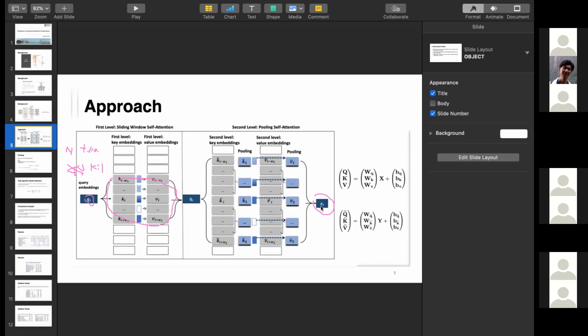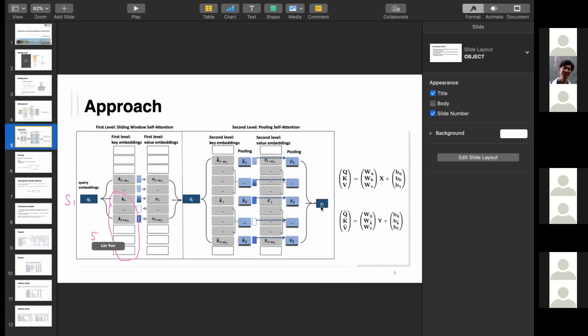It means the next sliding window may be like this, right? So in this way, for each token, it may have a different embedding, right? For example, suppose this is sliding window S1, and here suppose sliding window S2.